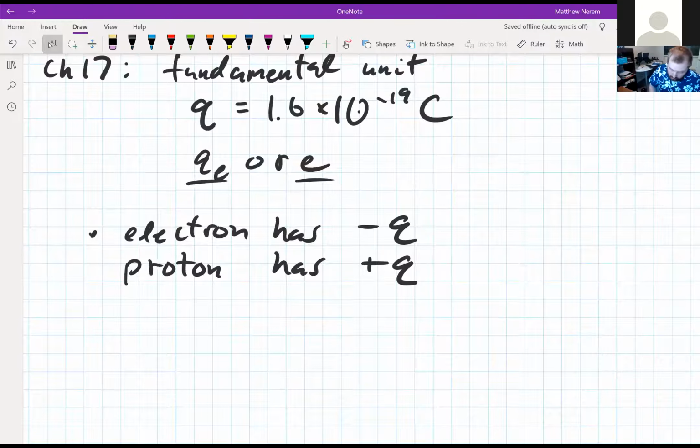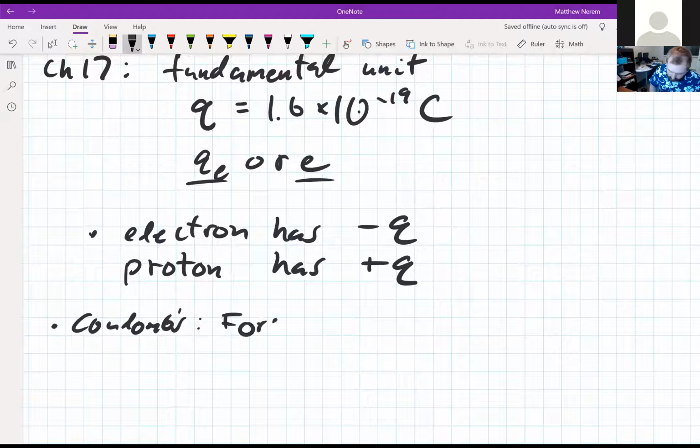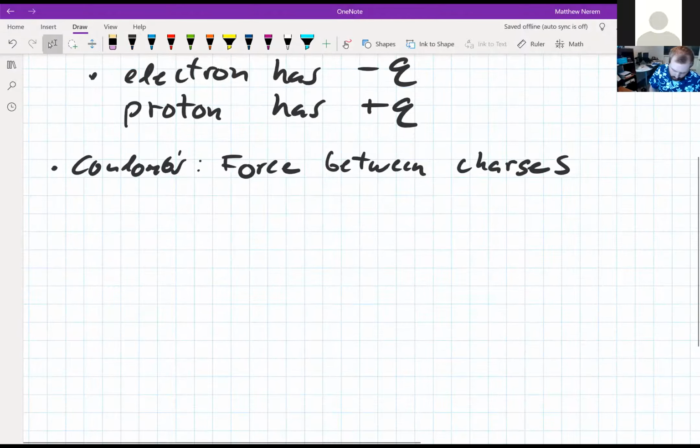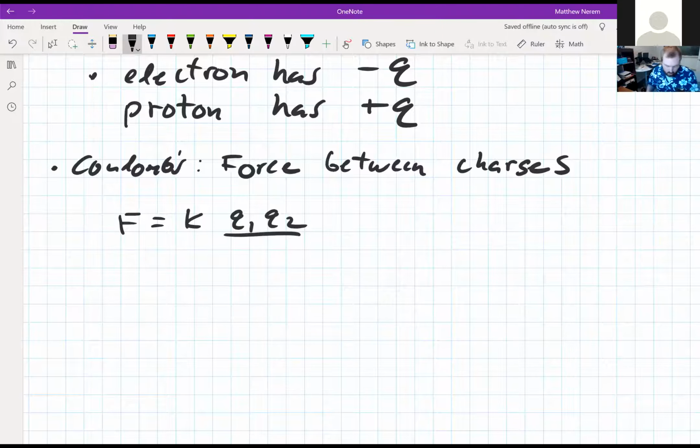So given a charge, we can associate Coulomb's law, which is the force between charged objects. So that force goes as k q1 q2 over r squared.